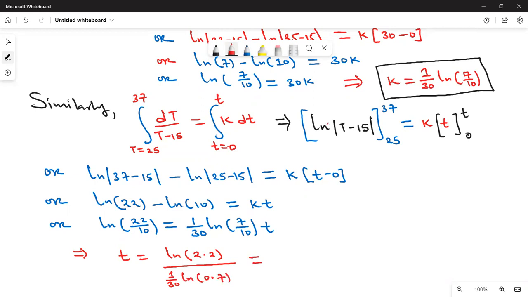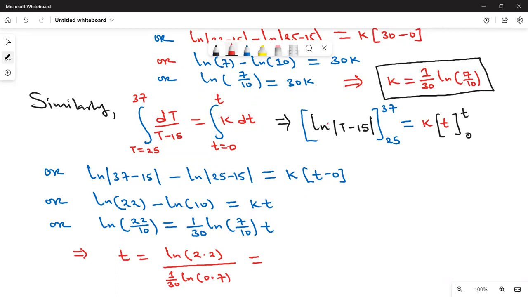Let's press this. Log of 2.2, so you can press that in your calculator. Remember, ln is still the same as log. So log 2.2, the answer you get, you divide by log of 0.7, not 7. Then dividing by 1 over 30 is the same as multiplying by 30.